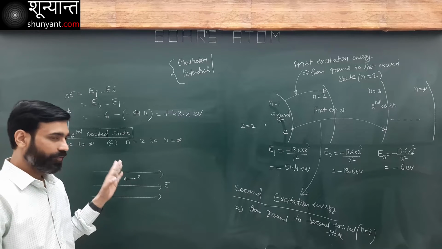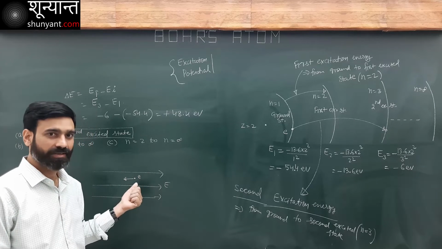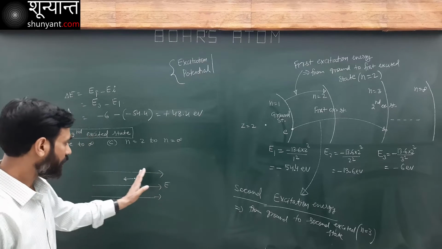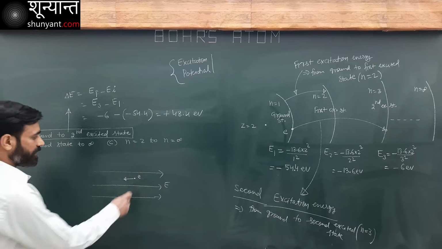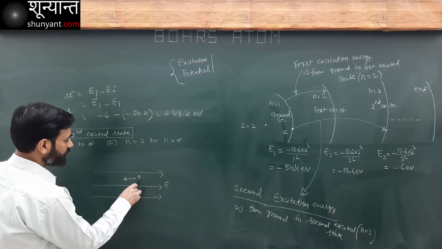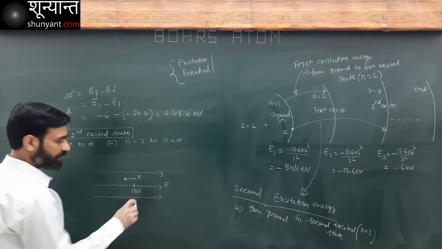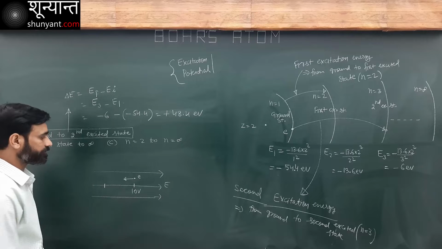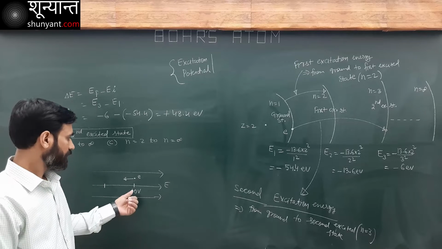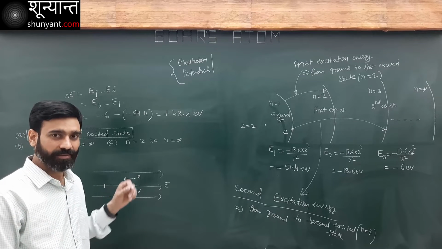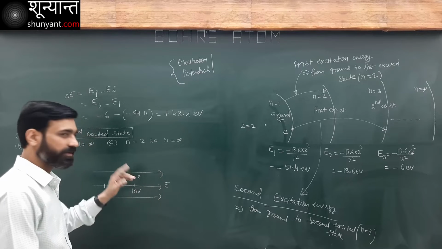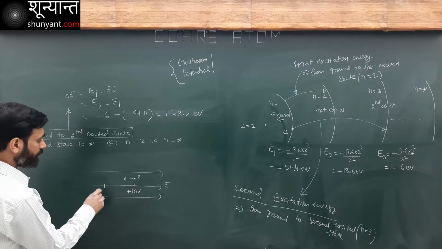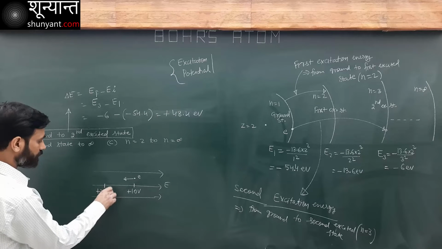Now, what is the relation between field and potential? Along the field, potential decreases. Opposite to field, it increases. Let's say the potential here is plus 10 volt, and here, opposite to the field, it is plus 25 volt.